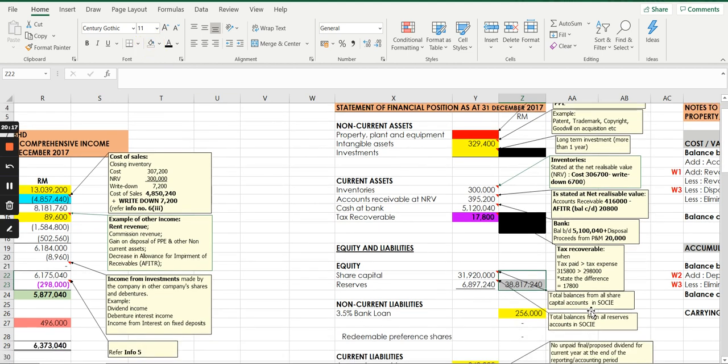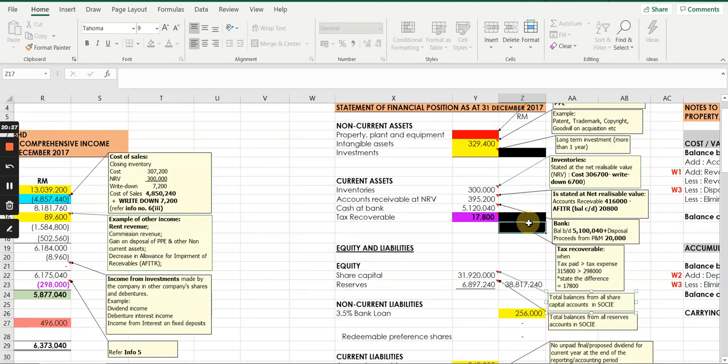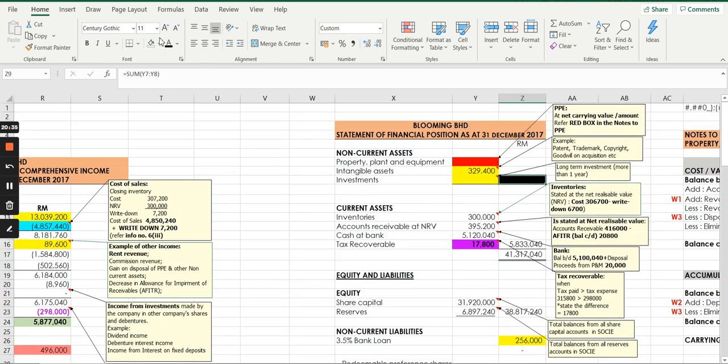You can check these total balances, all the little notes that I put there, and the total balances from all reserves. And these are the totals for the asset and liability section.